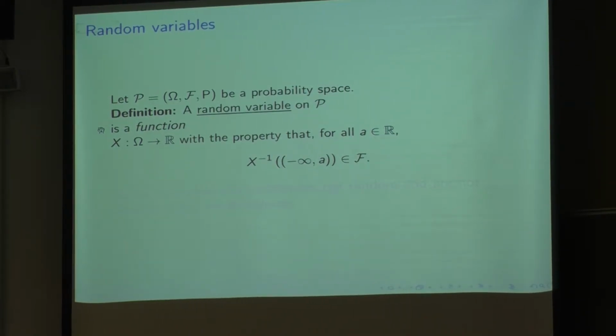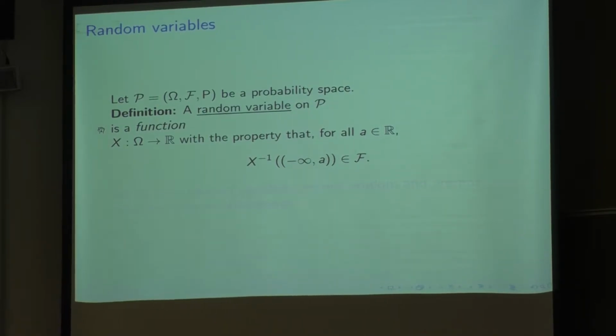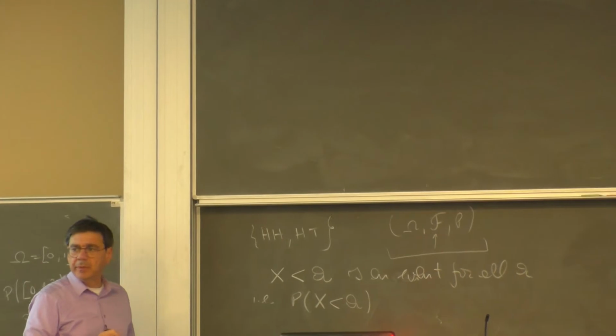So the way I'm saying it there is to say that X inverse of the interval from minus infinity to a is an event, which is another way of saying, if you look at the event X is less than a, which is just another way of saying X inverse of minus infinity, a, this is an event for all a, which means that you can talk about the probability of your random variable X being less than a, i.e. P of the event X less than a, which is the kind of thing that you look at when you do probability, is defined.